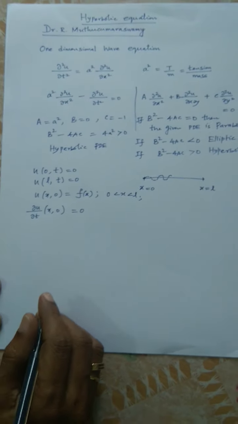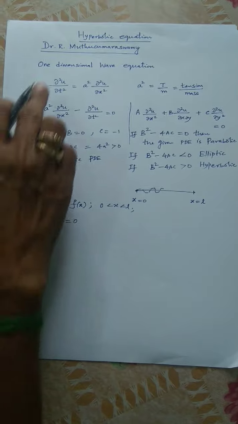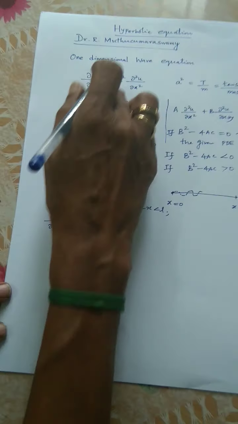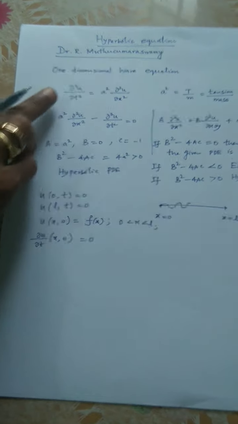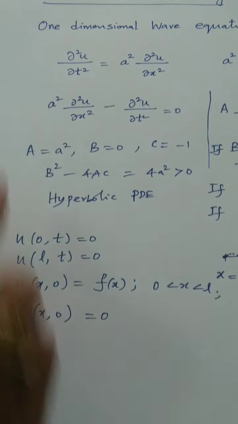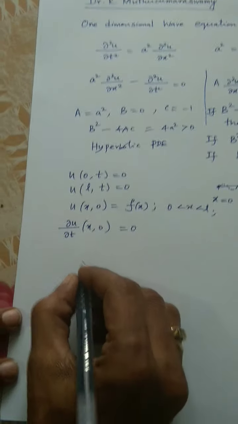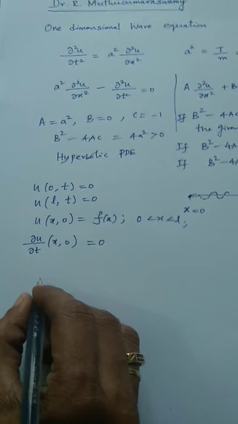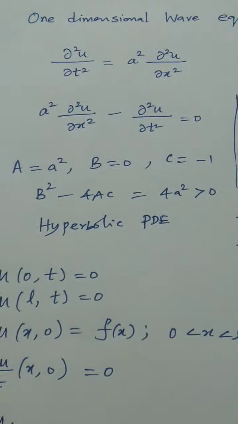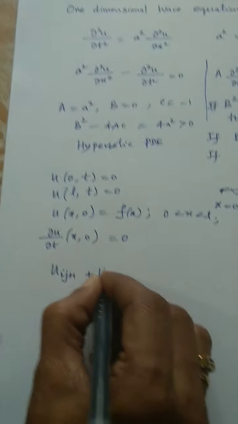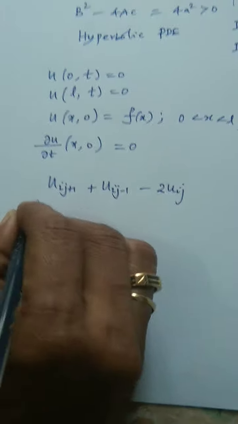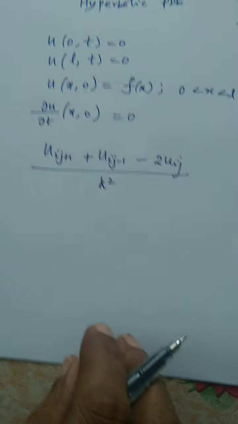Now I am going to derive the finite difference equation for the given one-dimensional wave equation. You know how to write the finite difference equivalent for ∂²u/∂t², or otherwise ∂²u/∂y², the second partial derivative with respect to t: (u(i,j+1) + u(i,j−1) − 2u(i,j))/k².